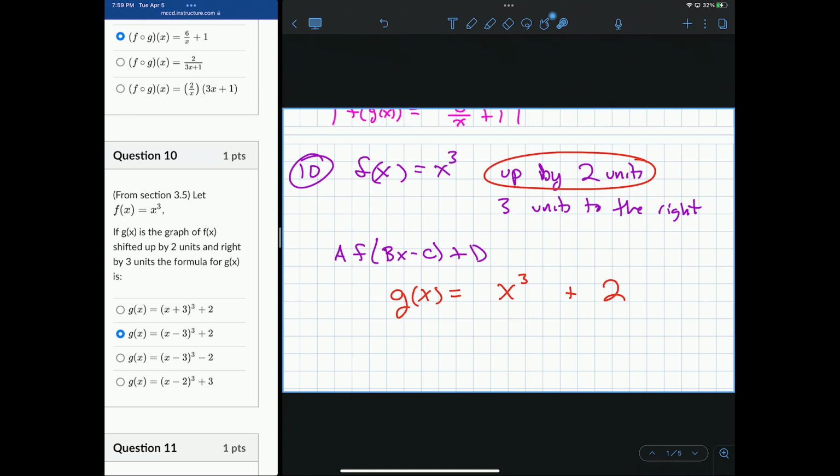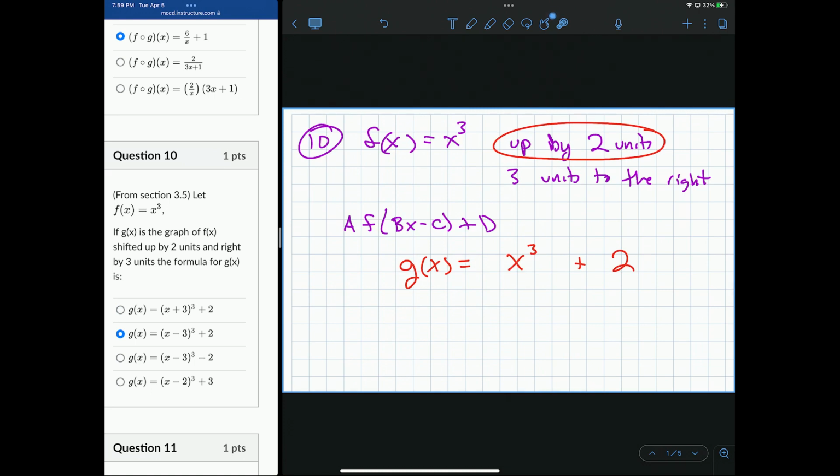And then the question is, how do we move it to the right by 3? Well, what you do, it's not going to be x cubed. It's going to be x plus or minus something cubed. And if you're moving it to the right, it will be a minus 3. So to the x, you need to subtract 3. So x minus 3.